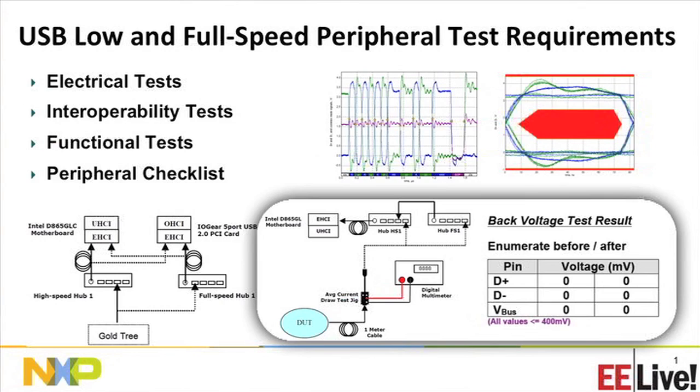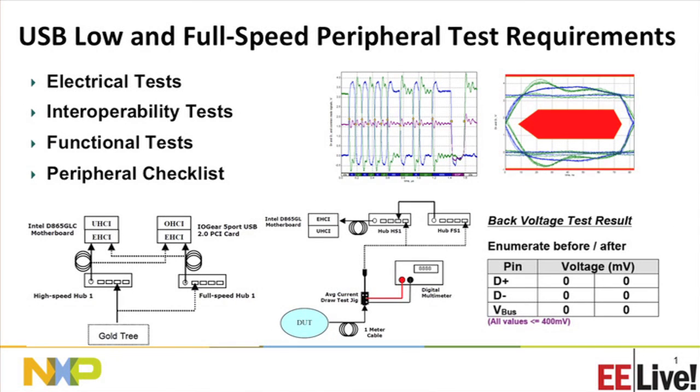And also on the electrical side, the VBUS line, D+, D-, never want to give voltage back to the host. That's what it means. So the maximum you can have there is 400 millivolts at any time, before and after enumeration. The VBUS, D+, D- line cannot present to the host more than 400 millivolts.